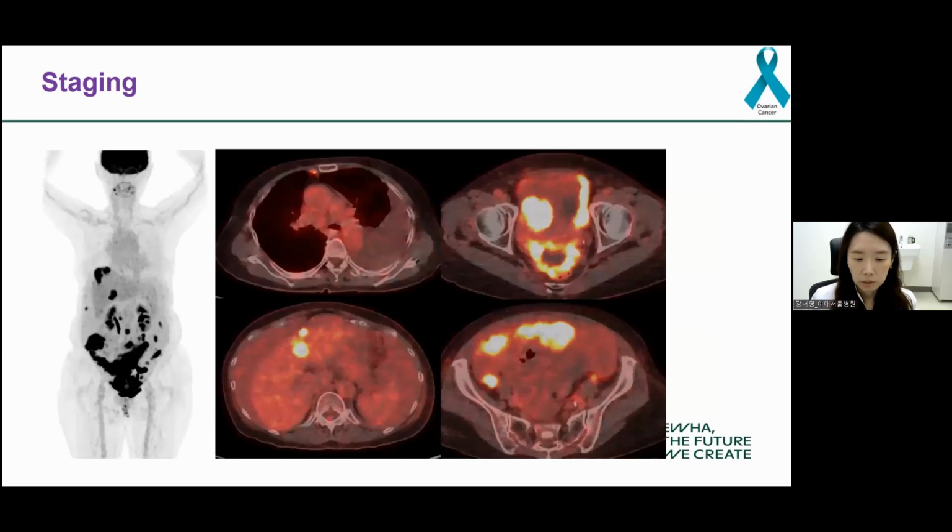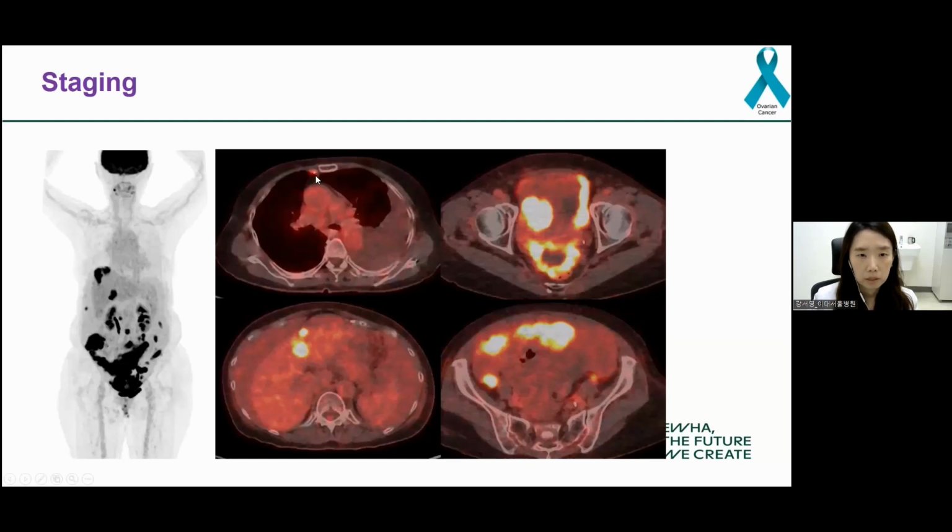The second case is also ovarian cancer with large metastatic lesions. In the pelvic cavity, there is the primary tumor, and also multiple hypermetabolic lesions in the peritoneum, suggesting metastasis.